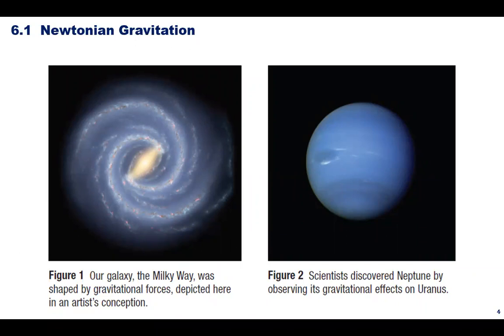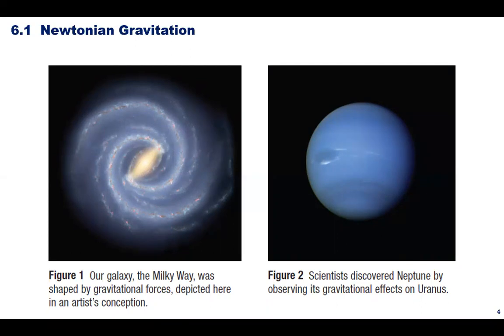Scientists then observed that Uranus' path was anomalous. It seemed to respond to the pull of another distant but unknown body. Using mathematical analysis, scientists predicted where the unknown body would have to be and began searching for it.